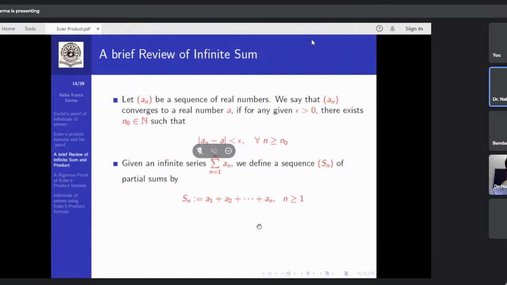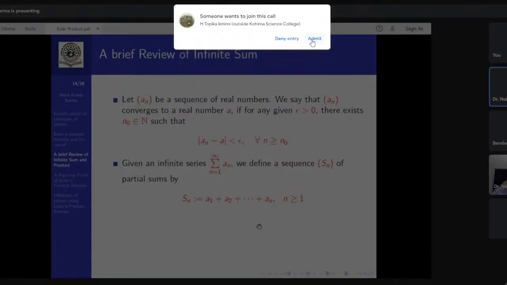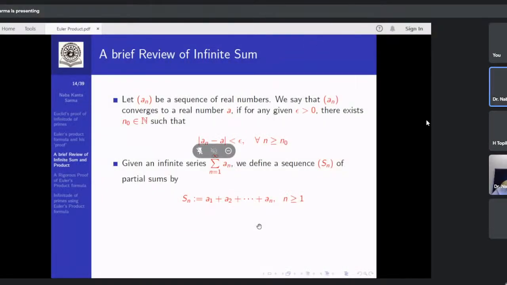We want to study mainly the convergence of infinite series, but we can do that with the help of sequences only. If we are given an infinite series summation a_n, then from that we construct a sequence, where the nth term of the sequence is the sum of the first n terms of the given series. You just take the first n terms of the given series and name it S_n, and then you write S_1, S_2 and so on.